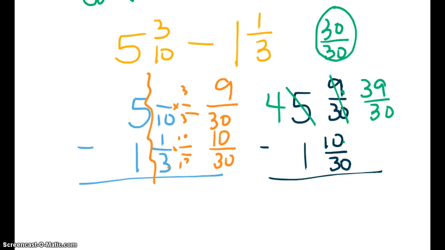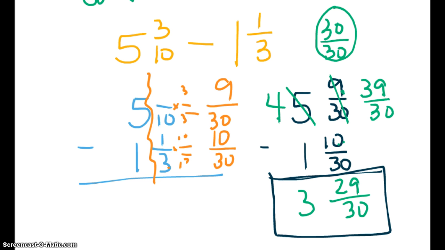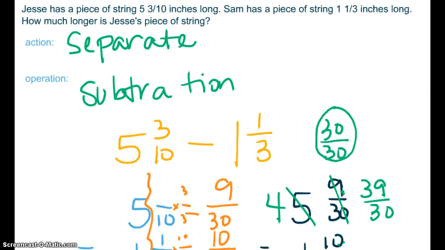So now that's 39/30. 39/30 minus 10/30 is 29/30. And then 4 wholes minus 1 is 3 wholes. So the difference between the two is 3 and 29/30 inches.